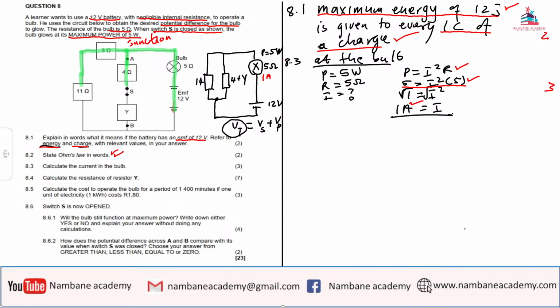Okay. Do you see the diagram that I just drew? Ne? It says V total is equal to Vs plus Vp. Because remember, we have now a combination of two, I don't want to say two circuits, but we have a parallel combination that is 14 and 4 plus Y. Those are two resistors that are in parallel.